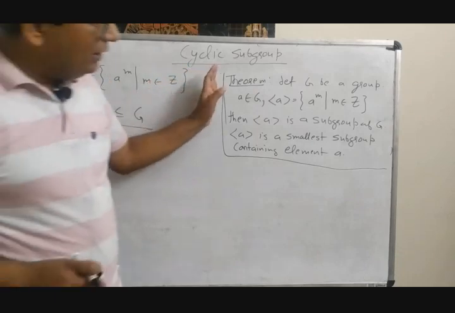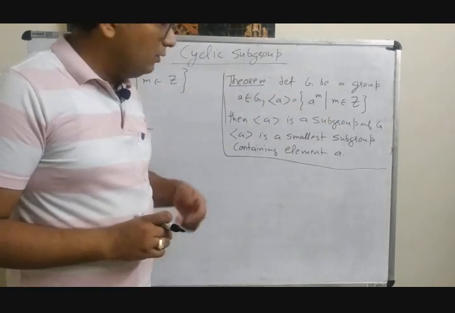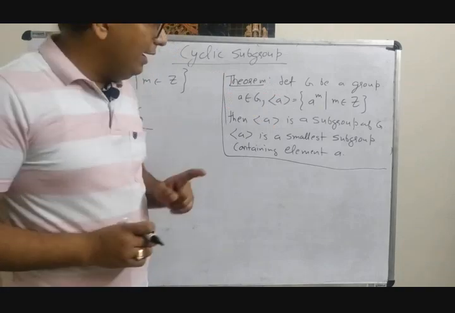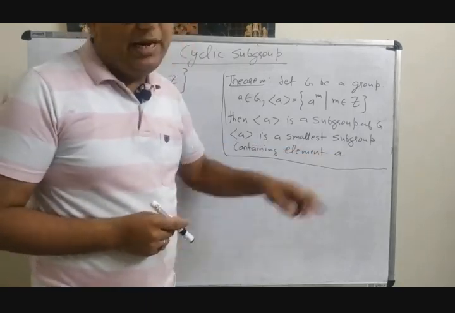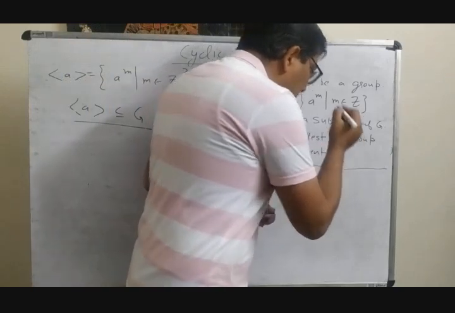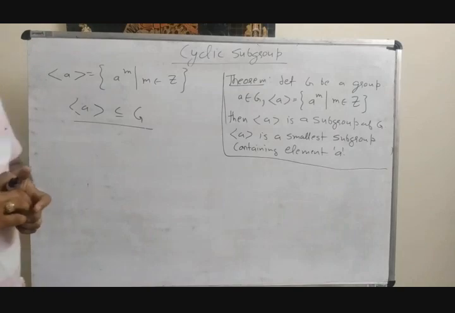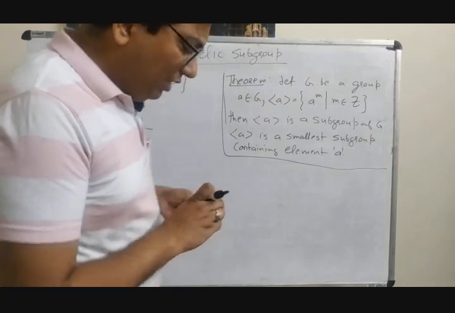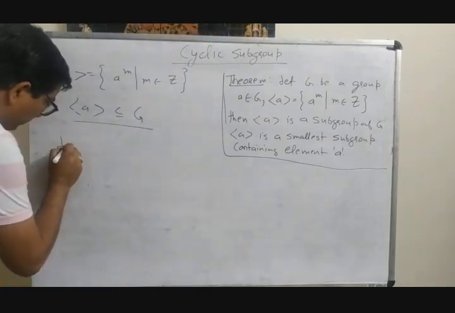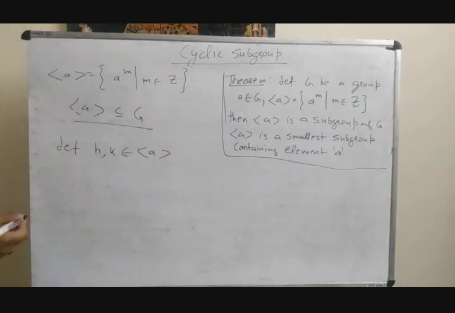Now, what does this particular set say? The first thing is that it forms a subgroup of G. The second thing is that this subgroup is the smallest subgroup which contains the element a. To prove that this is a subgroup, using the theorem we proved in subgroups, let h, k belong to this set. We just need to prove that h k inverse belongs to this set.